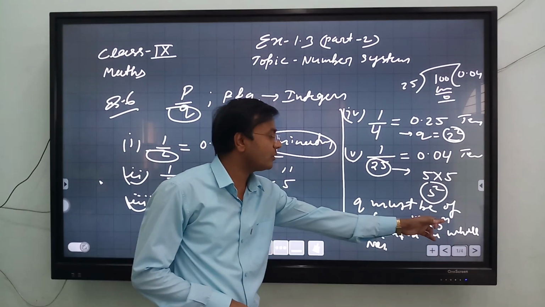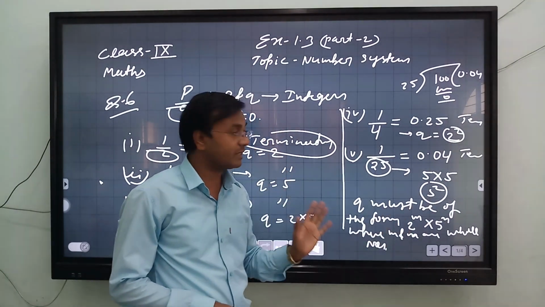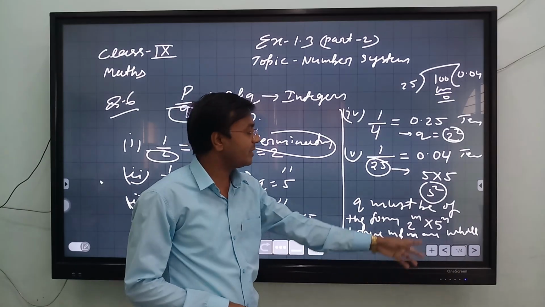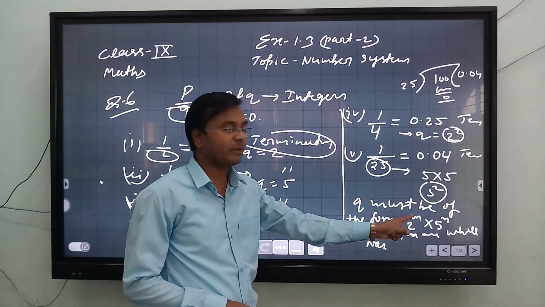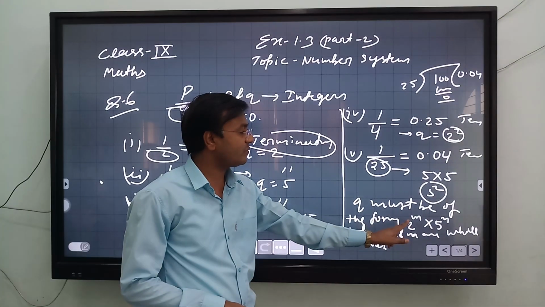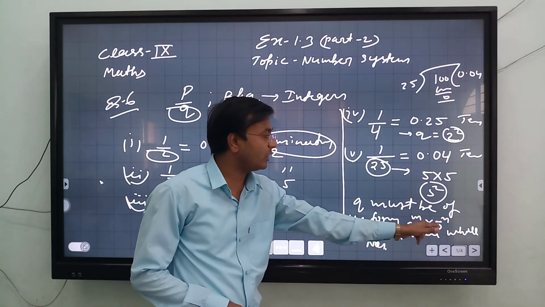Sometimes n may be 0, so we will get only 2 to the power something. That is the example of this. Same as if n is 0, 2 to the power 0, then this becomes 1. So we have the power of only 5.